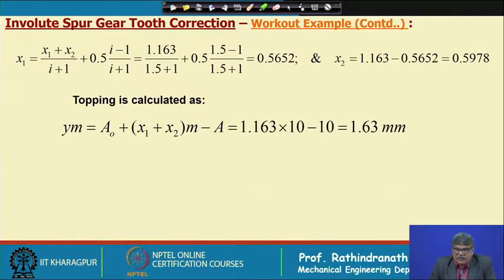So, what we find, this is 1.163 into 10 minus 10, is equal to 1.63 millimeter.